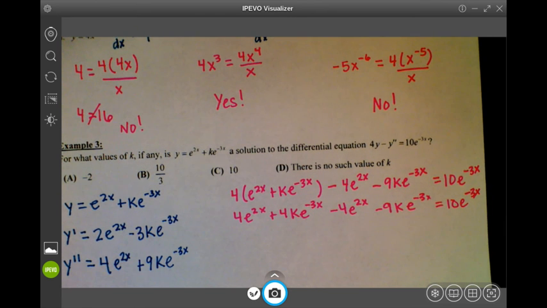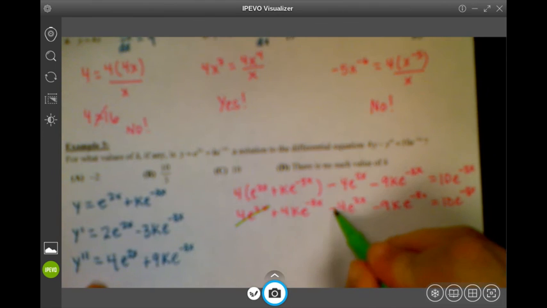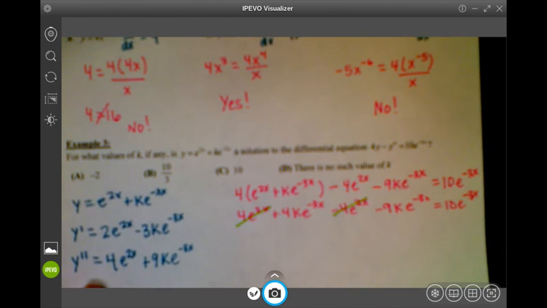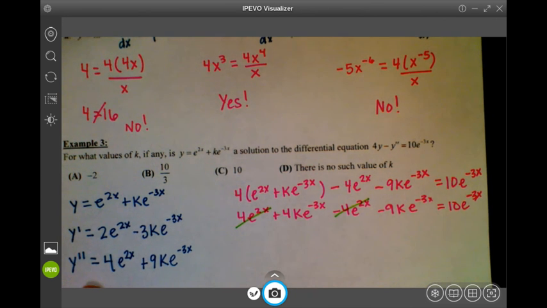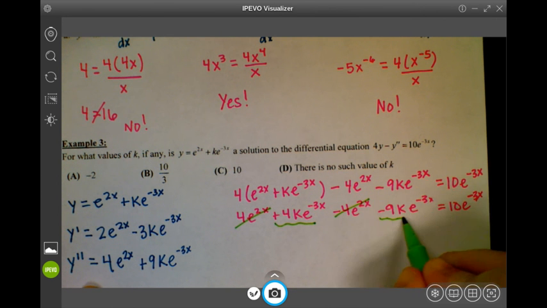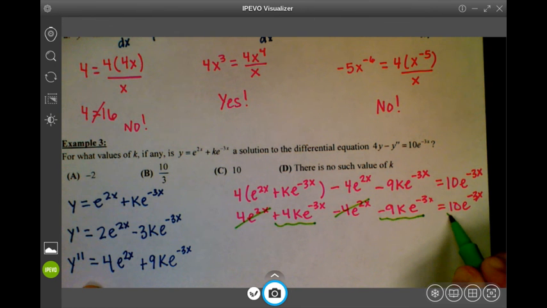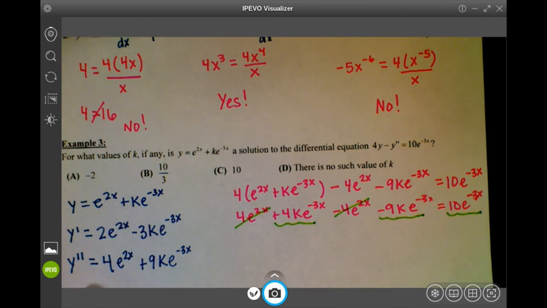There we go. We do have some simplifying that'll happen, right? 4 e to the 2x minus 4 e to the 2x is going to make a 0. And so look what we have left here. We have 4k e to the negative 3x minus 9k e to the negative 3x needs to be 10 e to the negative 3x. They all have that e to the negative 3x.